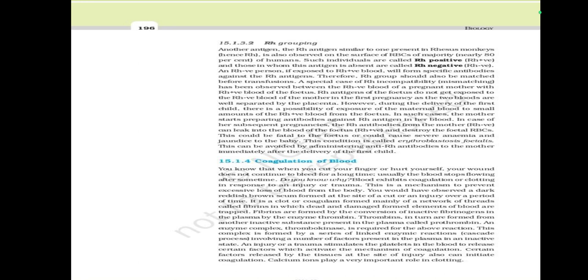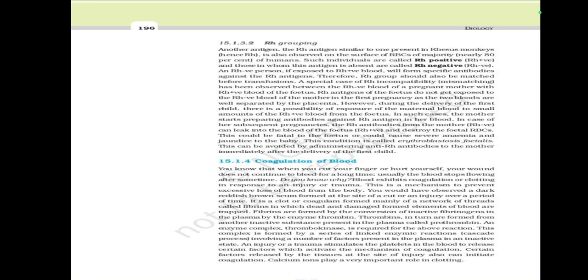Coagulation of blood. You know that when you cut your finger or hurt yourself, your wound does not continue to bleed for a long time. Usually the blood stops flowing after some time. Do you know why blood exhibits coagulation or clotting in response to an injury or trauma?